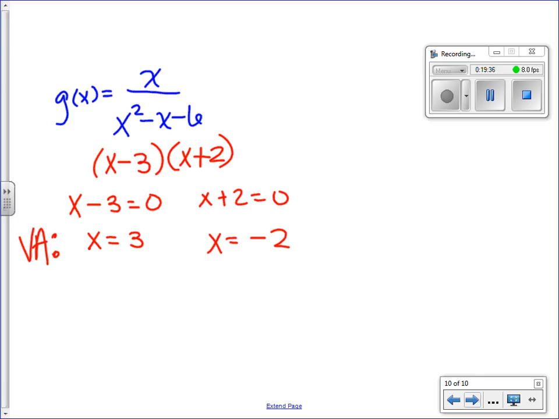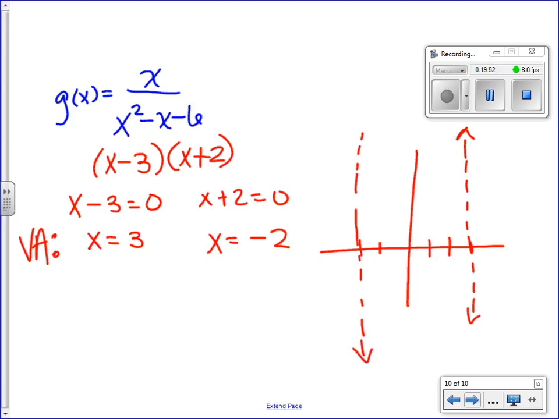If we were to graph this, we would have to put a line here to let people know, hey, x can't be 3. And we put a little dashed line here to let people know x can't be negative 2. Right, they can't cross.